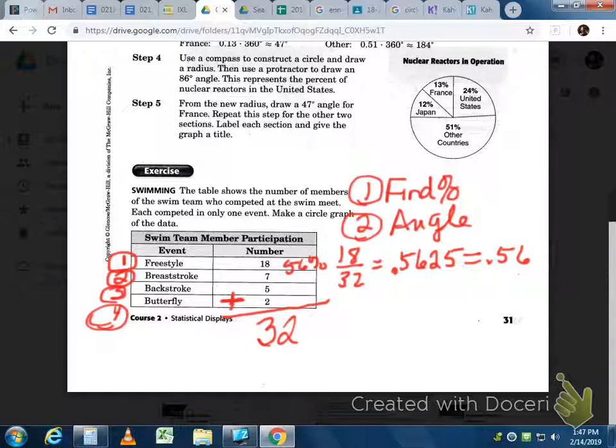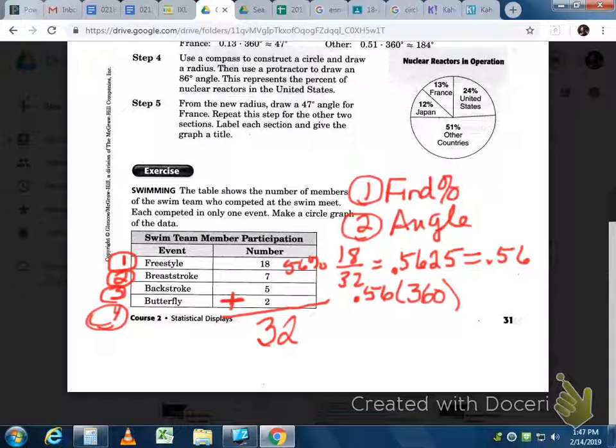How do you find your angle measure? What do you do with the 0.56? What do you multiply by? How many degrees in a circle? Caden Wisman, how many degrees in a circle? So you should have said 360.